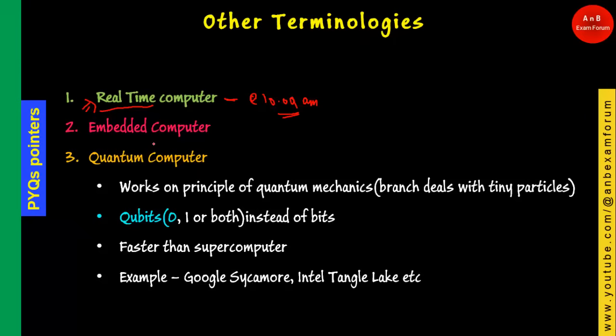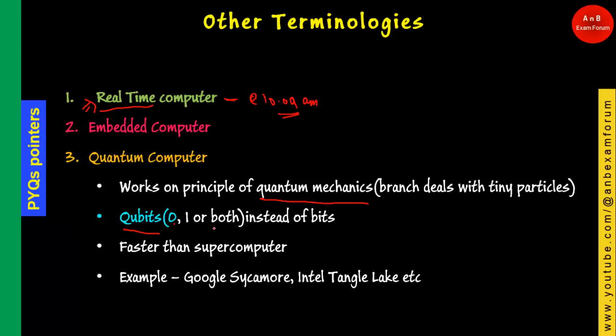And nowadays quantum computers are a huge hype, where it works on the principle of quantum mechanics. As you know, quantum mechanics deals with tiny particles, and the unit is known as qubits. A bit is 0 or 1, but a qubit can be both also.